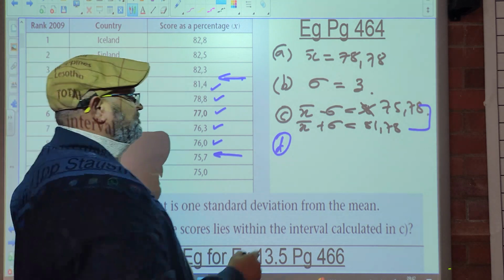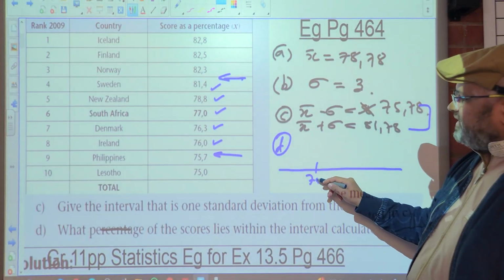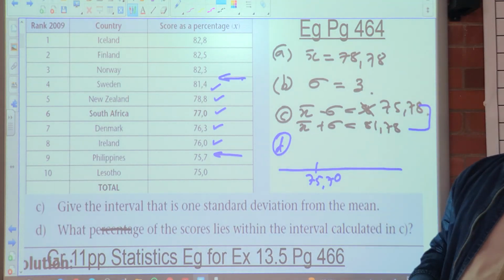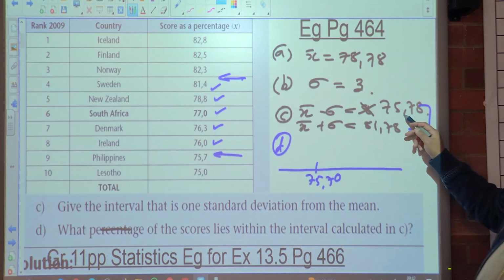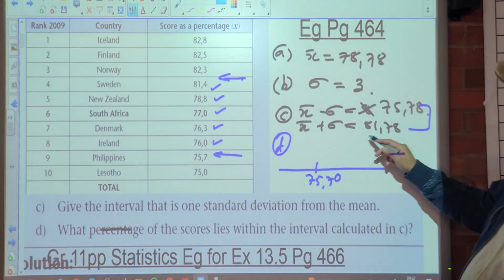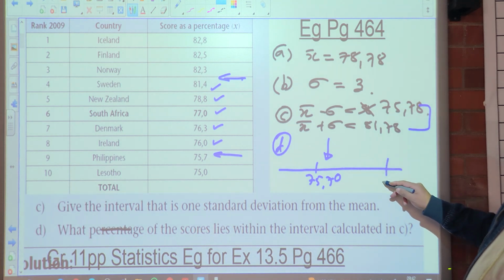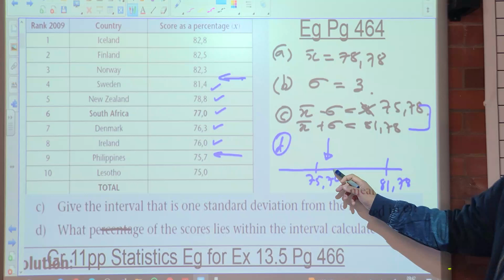Because listen, if I put this on the number line and I put 75.7, where's 7? There's going to be a 0 here. Not so? Where would 75.78 be on the line? On this side. This is going to be 81.78. So that is inside.